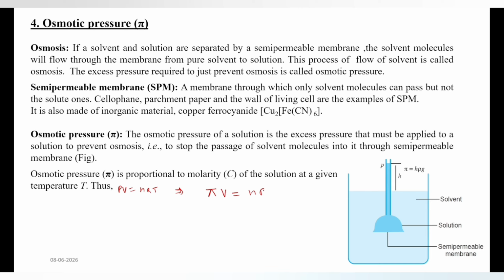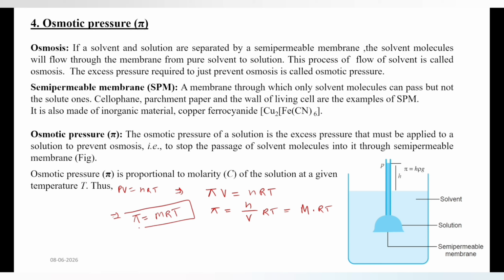So pi V equals nRT. When V goes to the other side, it becomes n by V times RT. n by V is the number of moles divided by the volume of solution, which is nothing but molarity, capital M, into RT. That is why we get the expression pi equals MRT.